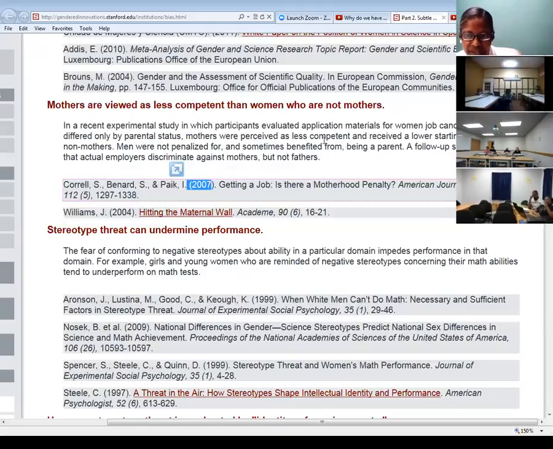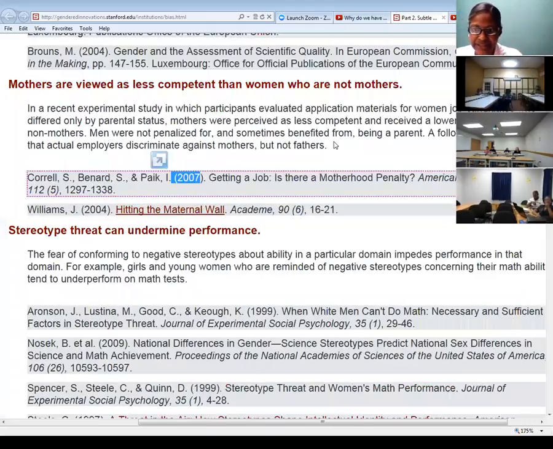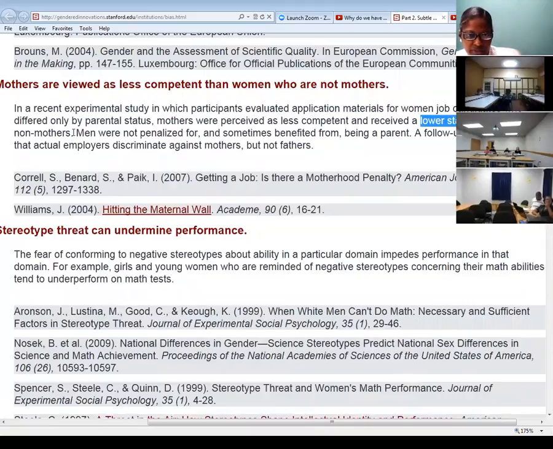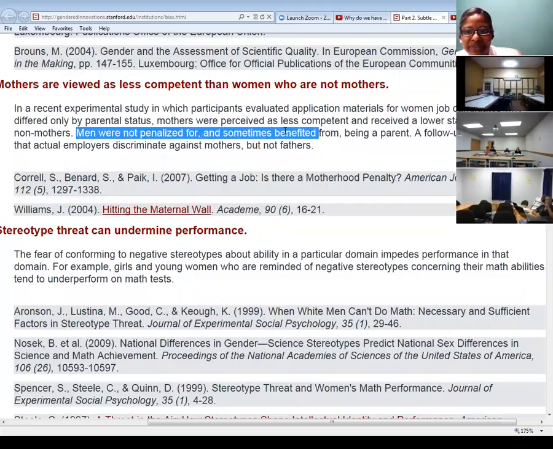Mothers were perceived as less competent and received a lower starting salary than non-mothers. Men were not penalized for and sometimes benefited from being a parent. A follow-up study showed that actual employers discriminated against mothers, but not fathers.